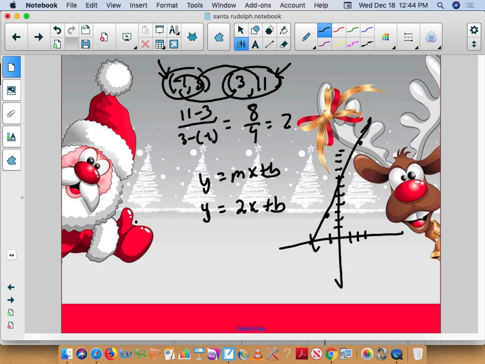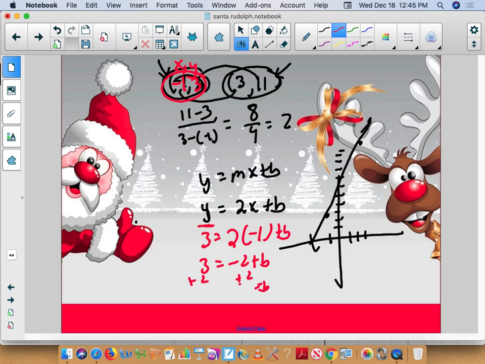So if Eliza's like, I want to use -1, 3. Marie, that's X and Y, right? Okay, like she said, she labels them. So what can I put in for Y if I'm using the red point? 3. We already said 2 was M. What's X if I chose 3? -1 plus B. 3 equals negative, thank you so much, Gabby. 3 equals -2 plus B. So what is B?